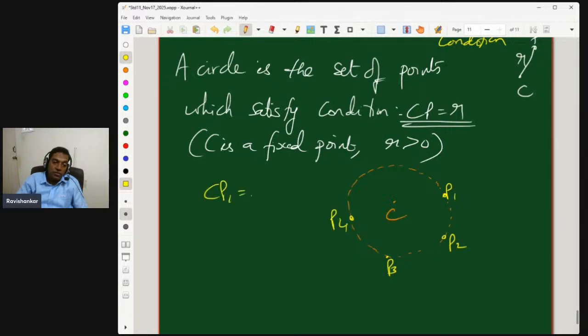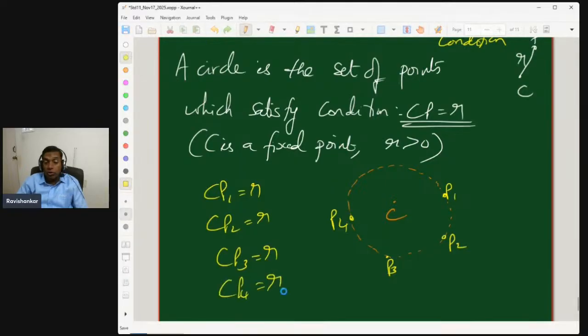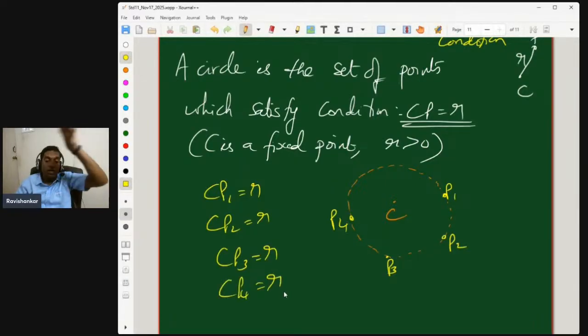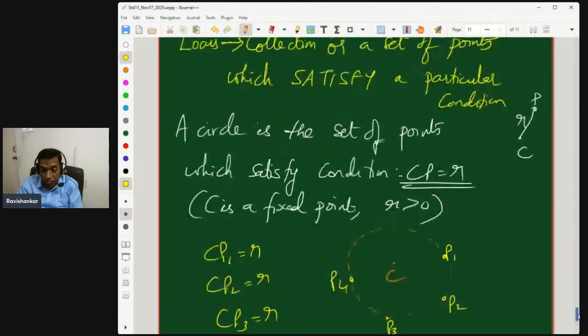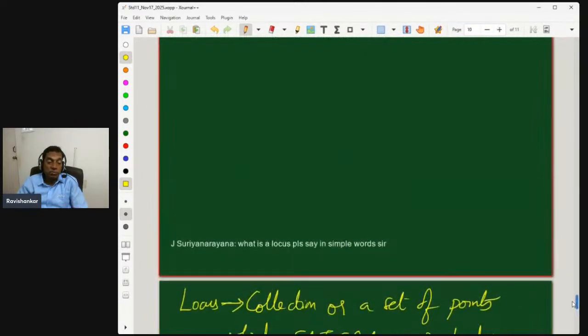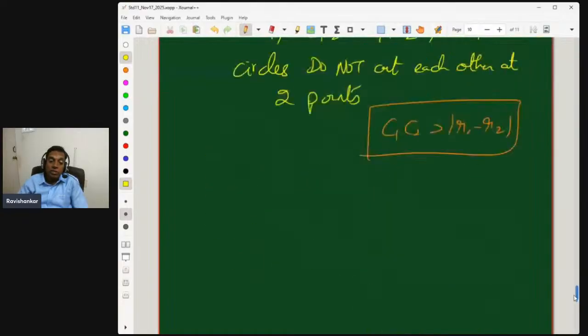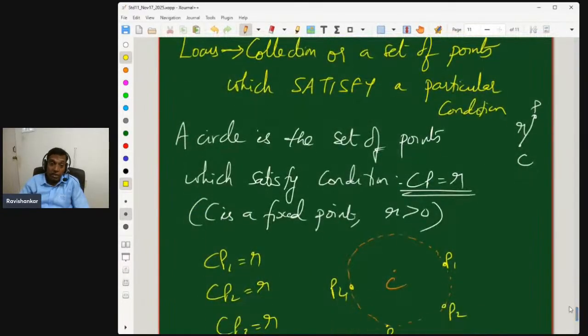All of them satisfy the condition CP is equal to R. So if you collect all those points and plot them, what will you get? You will get a circle. In fact, a circle is defined as the locus of points which obey CP equals R. So locus means a set of points, not one point. A collection or a set of points that satisfy a particular condition.